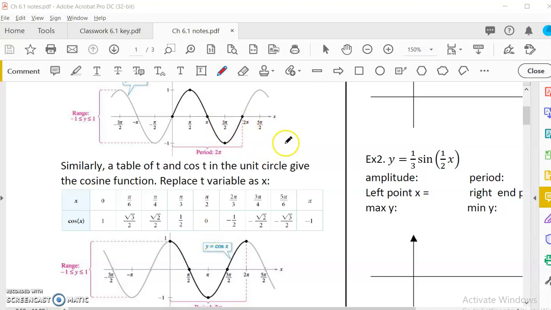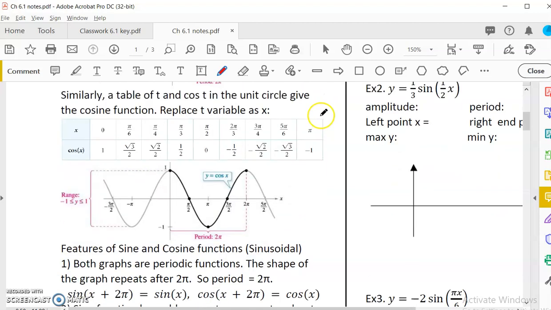Now we have two more. So the basic sine function would be one loop, 0, 1, 0, -1, 0. So that's kind of like the toolkit function. We go from 0 to 2 pi, so this is one cycle. It should go on forever, but a representative one would be one cycle of sine.